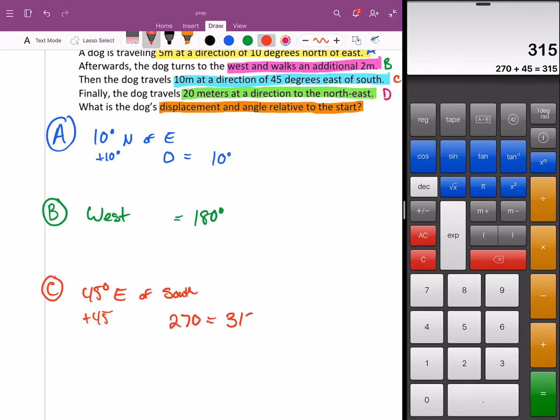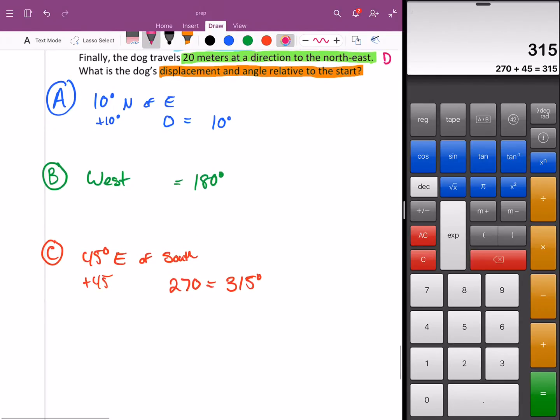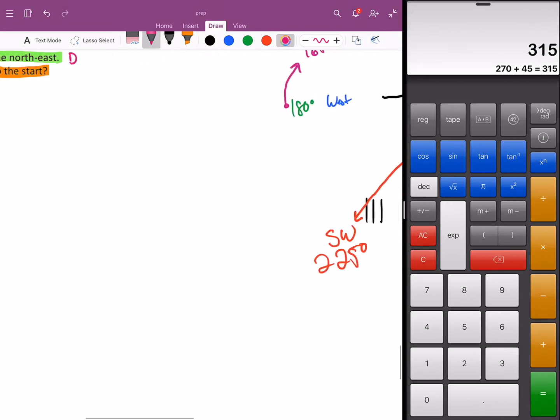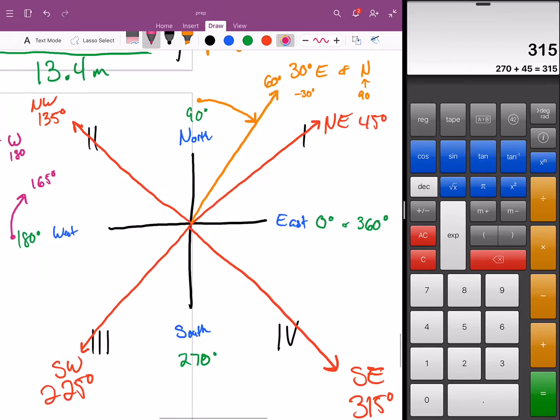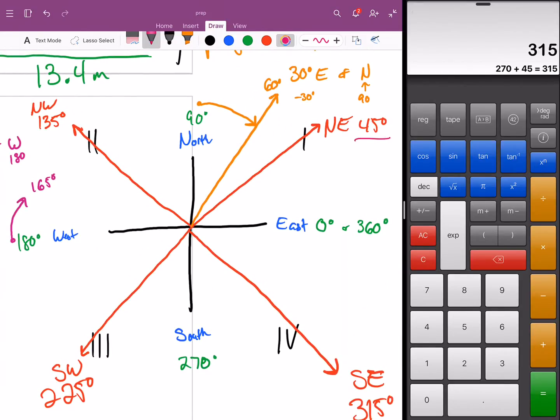And we have 315 degrees. Now for D. D is the northeast. Refer back to the compass. Northeast is 45 degrees.